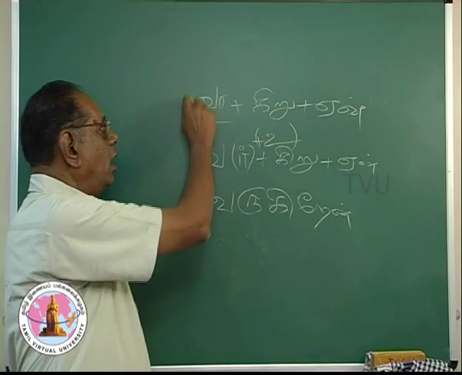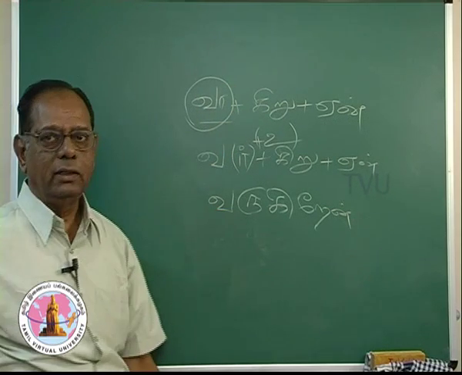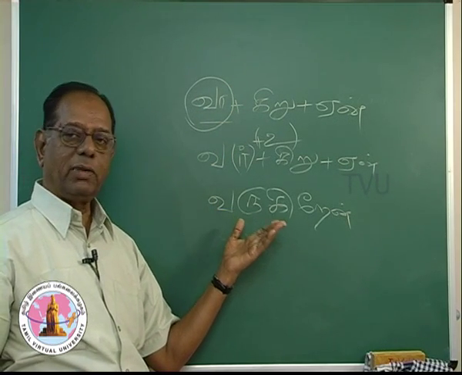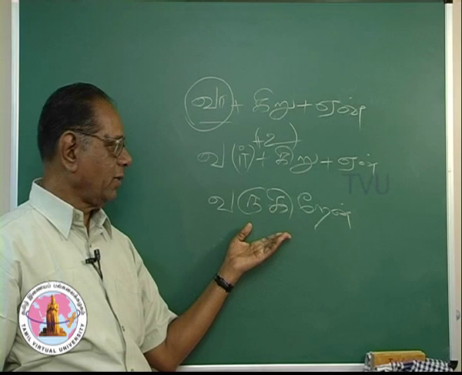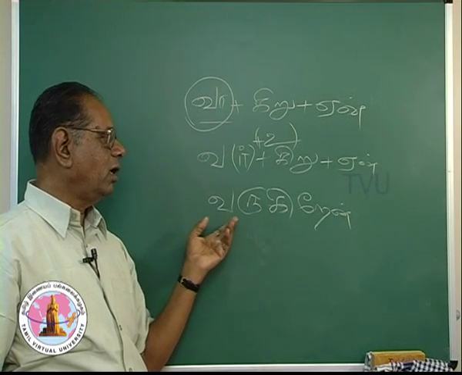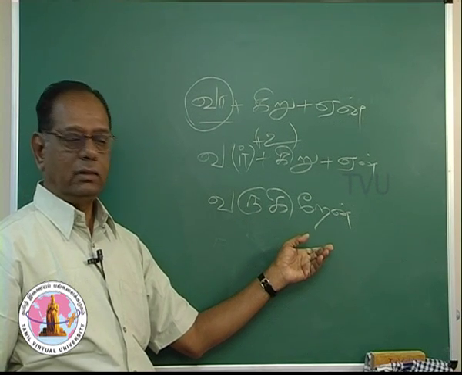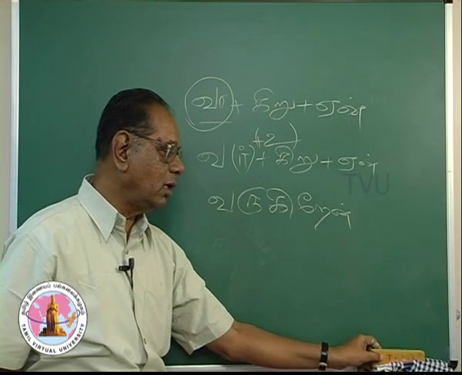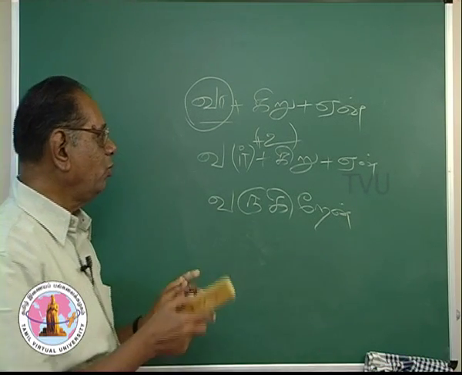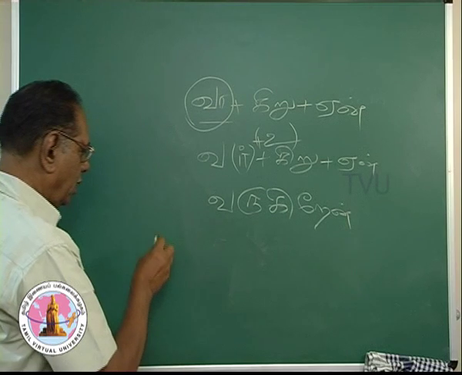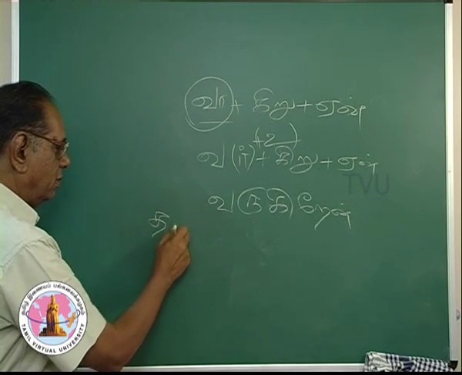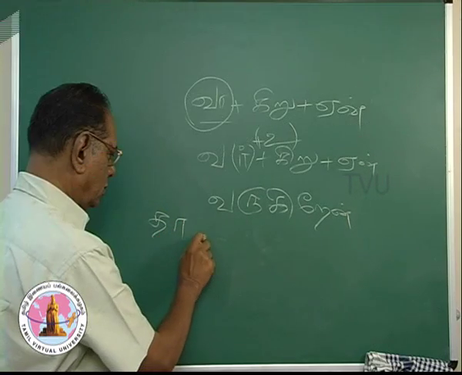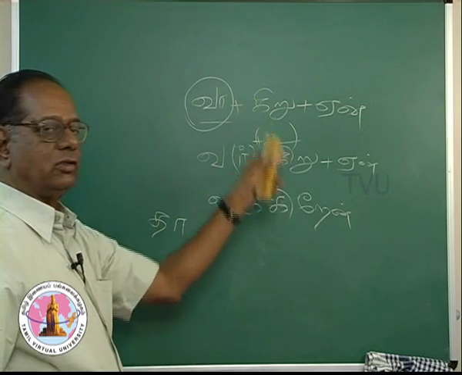So, va, ru, ki, re, in, varugiren. So va, when conjugated in the present tense, becomes varugiren. This thing you have to remember, because it is a peculiar case. Now we take up this verb ta. Ta is to give, the same process.